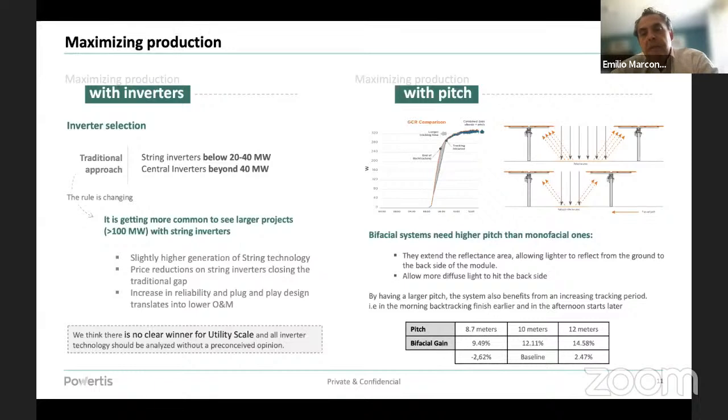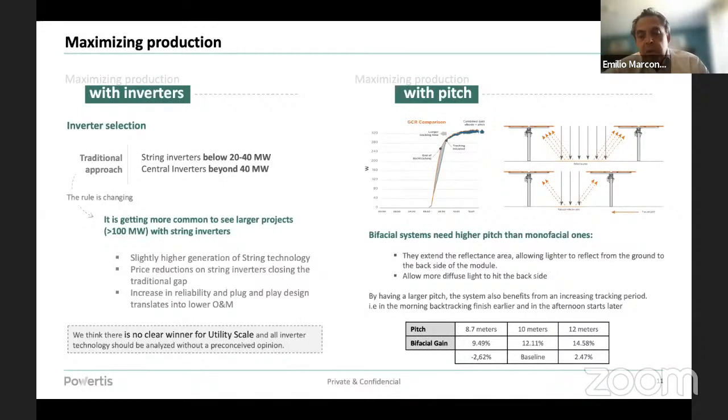There needs to be more space in between the trackers for the light to reflect from the surface towards the back side of the panel, but also diffuse light. It will get more diffuse. So that's very important, to make sure that you have a decent pitch.